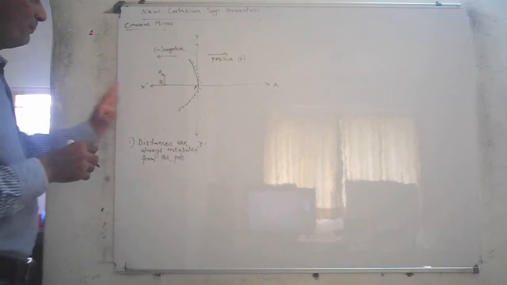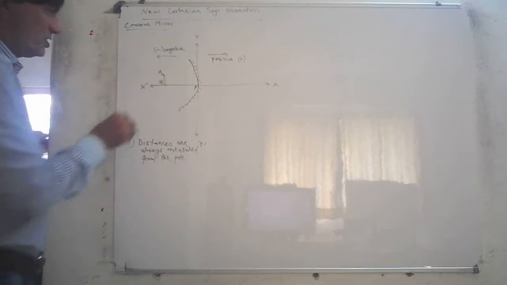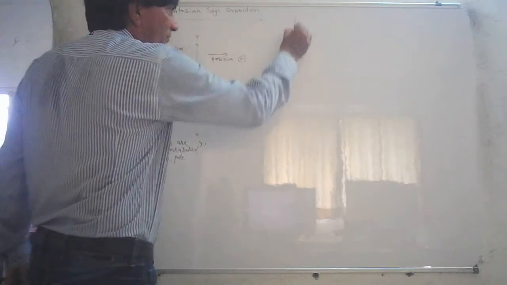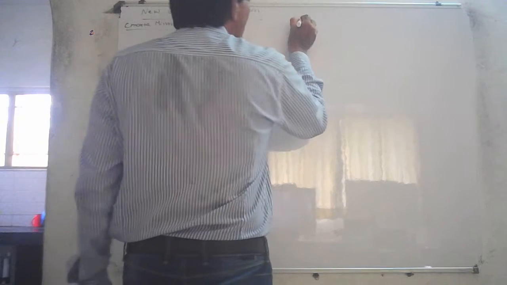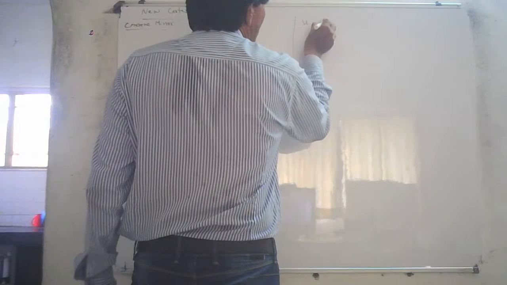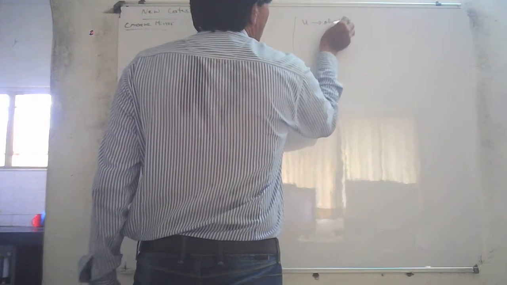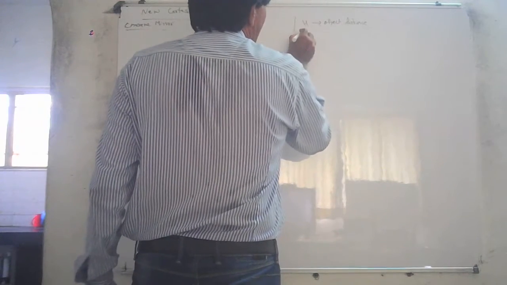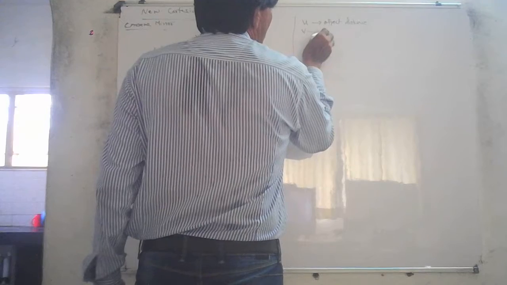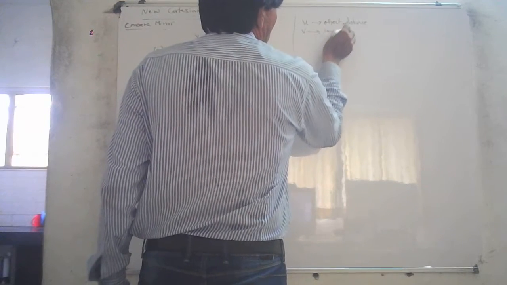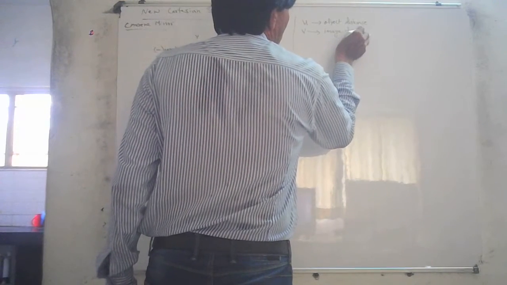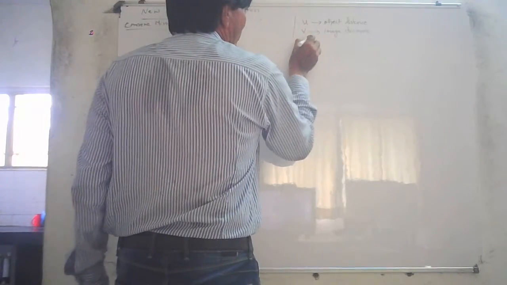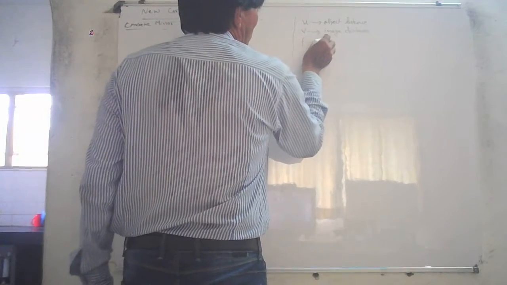So you can see this distance is called the object distance. In physics, we call U the object distance. Then V is called image distance. F is called focal length.